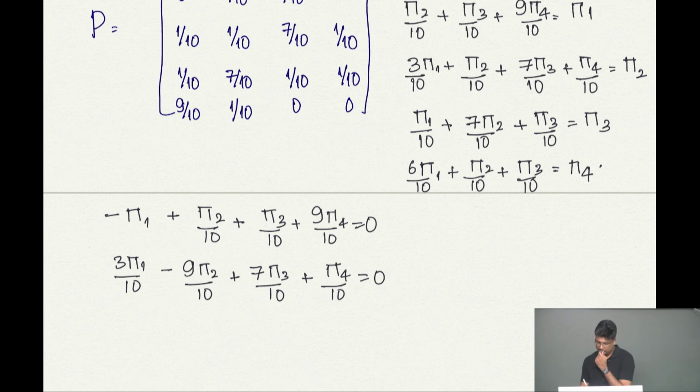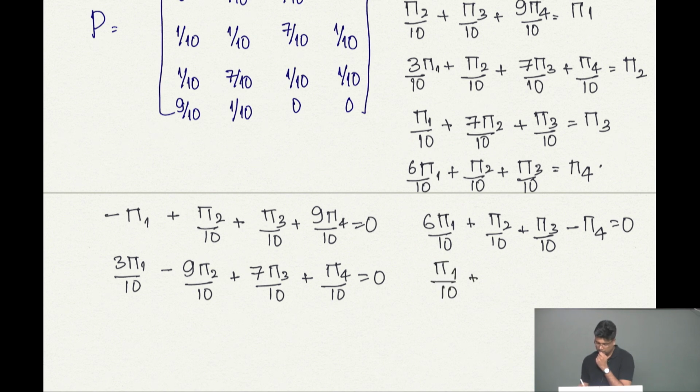Then I have 6 pi 1 by 10 plus pi 2 by 10 plus pi 3 by 10 minus pi 4 is 0. Then pi 1 by 10 plus 7 pi 2 by 10 minus 9 pi 3 by 10, right?